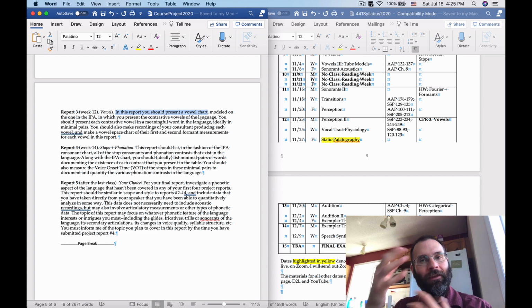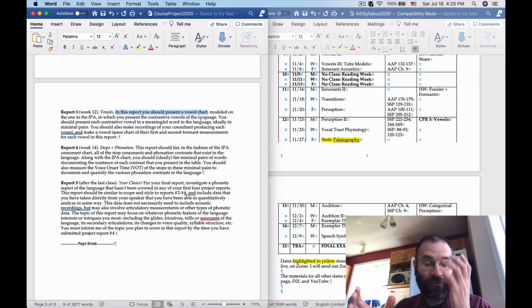Present them in the phonetic form in which they're pronounced in your consultant's language. Make a transcription of what they would actually say. Give me the English gloss, the translation for that particular form, and then also make a recording of your consultant producing that word in their language.